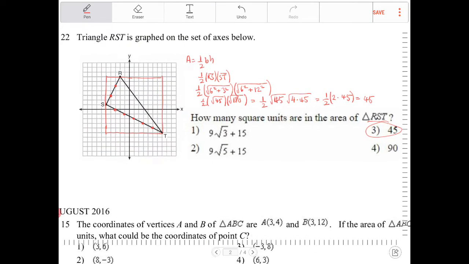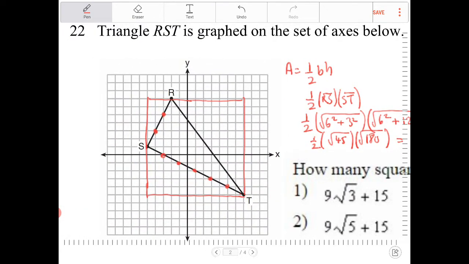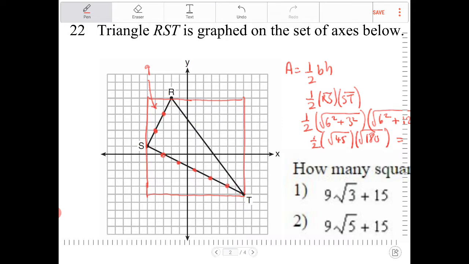If you dislike the way that I solve this, of course you can always go back and just find the area of each of these triangles here and then subtract from the overall. So this guy right here, 3 times 6 divided by 2, is 9. This guy right here, 6 times 12 is 72. Divide by 2 is 36.